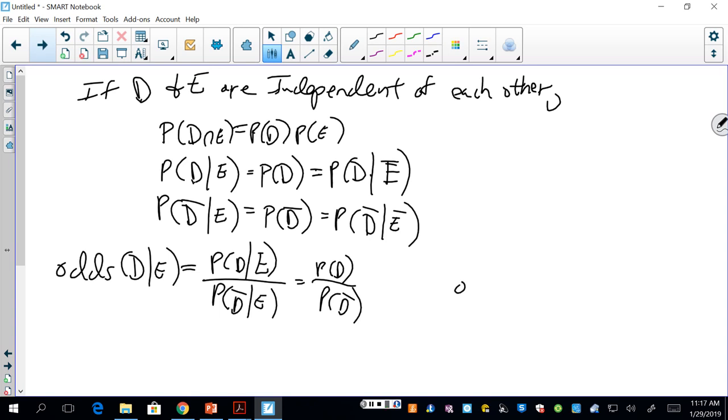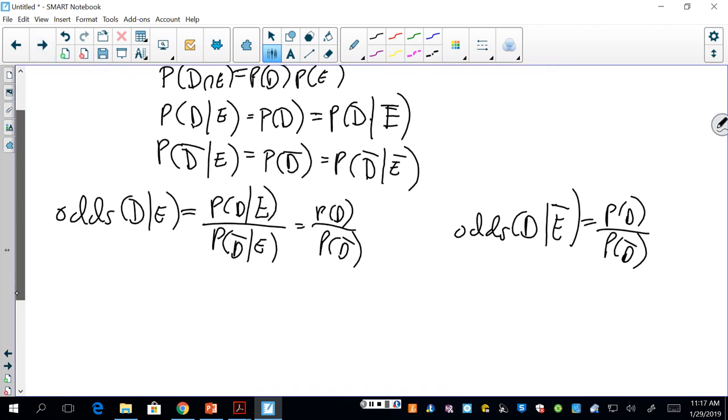The odds for disease among those that are not exposed, how would that compare? Are the odds going to be any different if these things are independent of one another? It would be the probability of disease among not exposed, but if it's independent, they don't depend. So it's still just the probability of disease over the probability of not disease. No change.